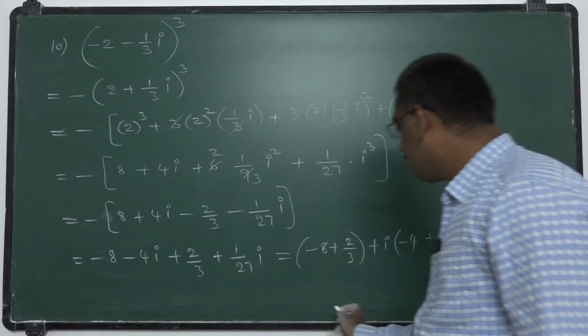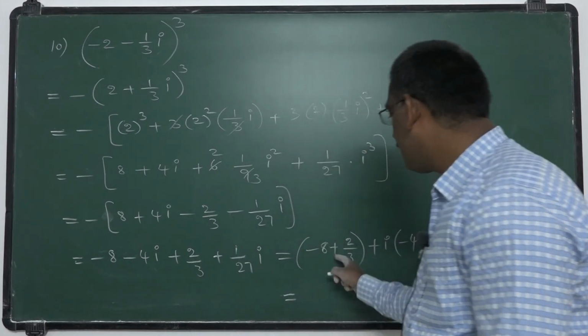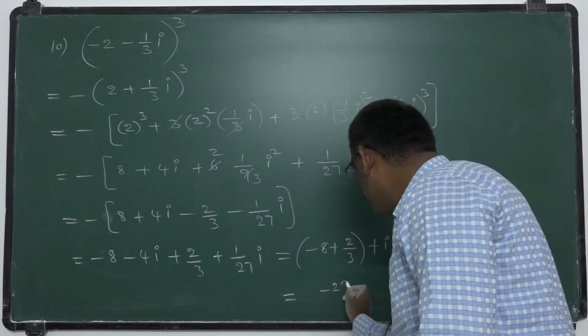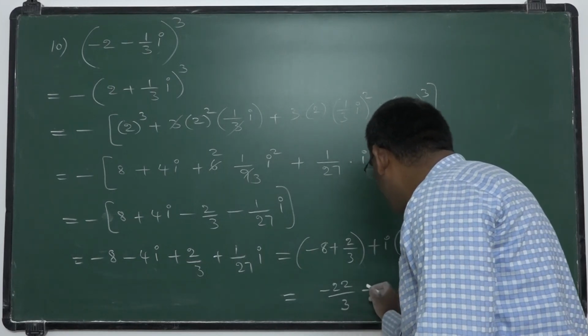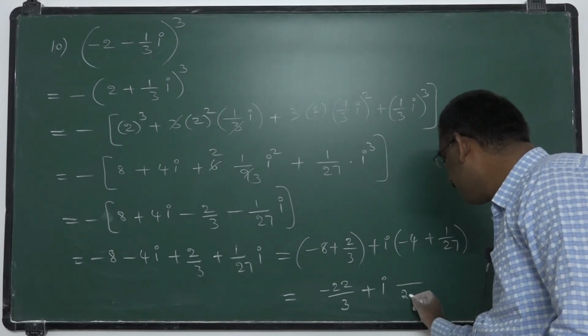Now simplifying this, here the LCM is 3. So 3 8s are 24, minus 24 plus 2 is minus 22 by 3, plus i into, here the LCM is 27.